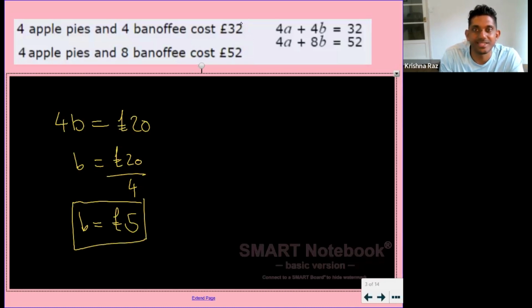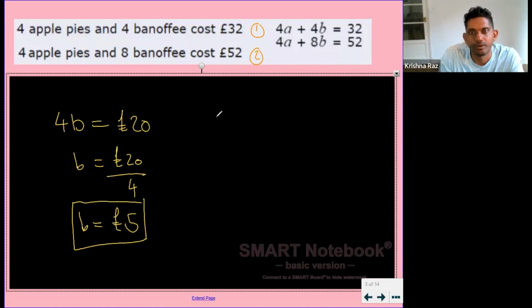Now, if I sub that into either equation, I'm going to sub it into equation 1 this time, we can figure out the price of the apple pie.